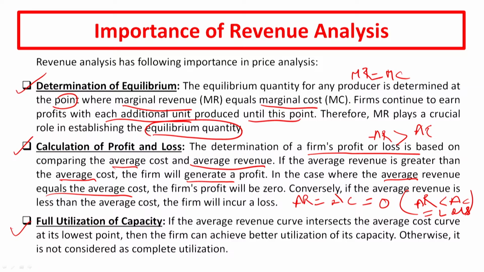The third point, that is fuller utilization of resources. If the average revenue curve intersects the average cost curve at its lowest point, then the firm can achieve better utilization of its capacity. Otherwise, it is not considered as complete utilization.